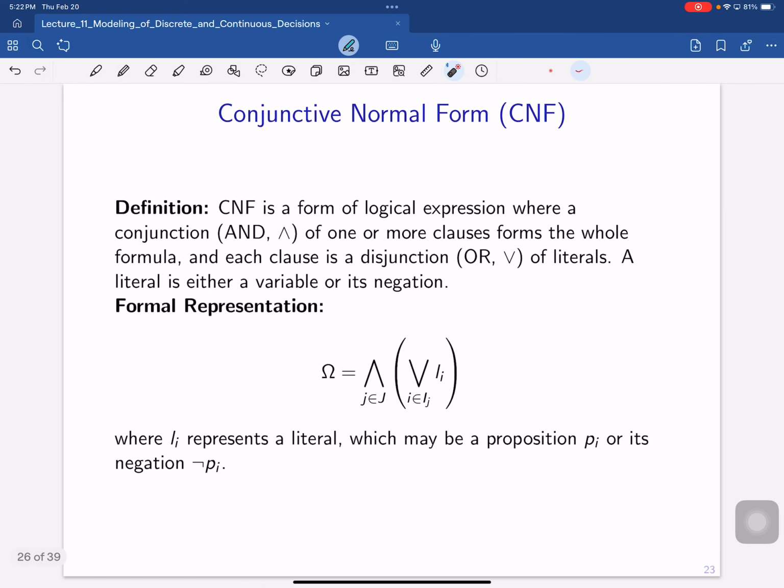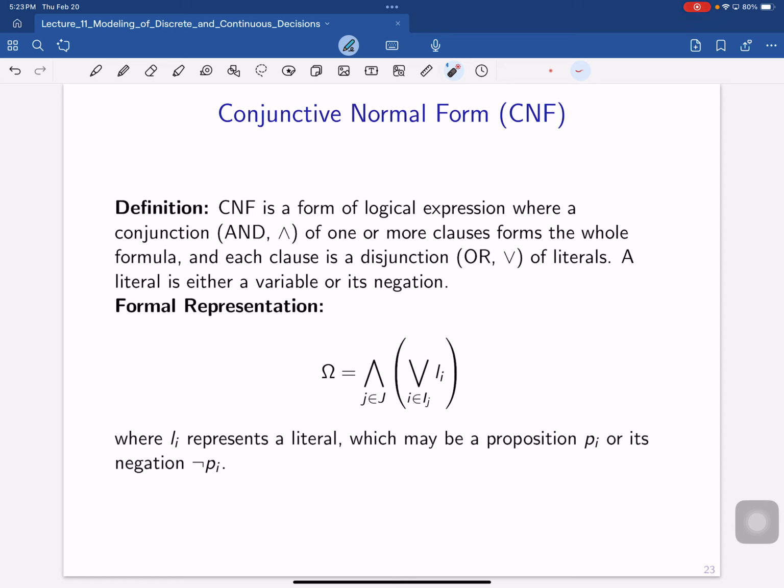Now let's start, right? How do we convert a logic condition that involves "and", "not", "or", and implication into something that can be represented by 0-1 variables, right? In order to do that, I will introduce a concept called conjunctive normal form, right?